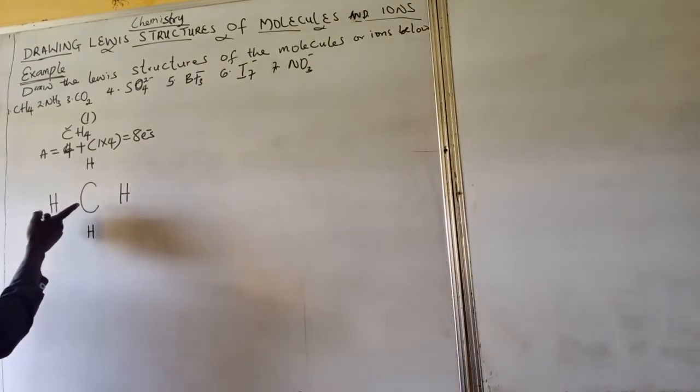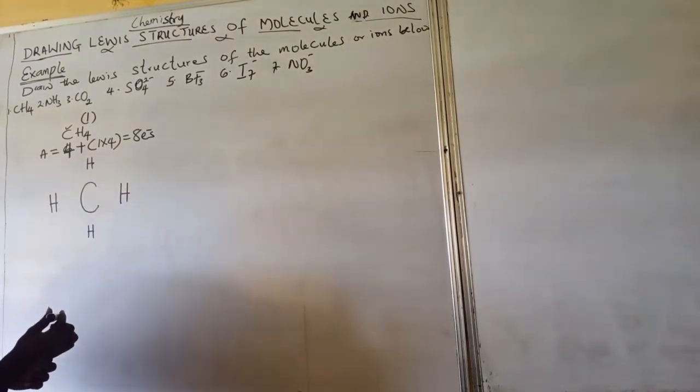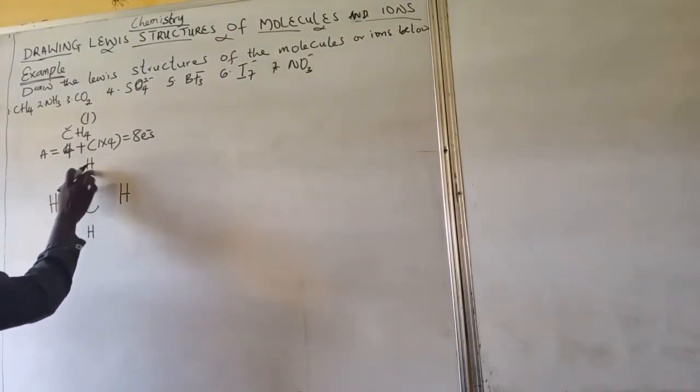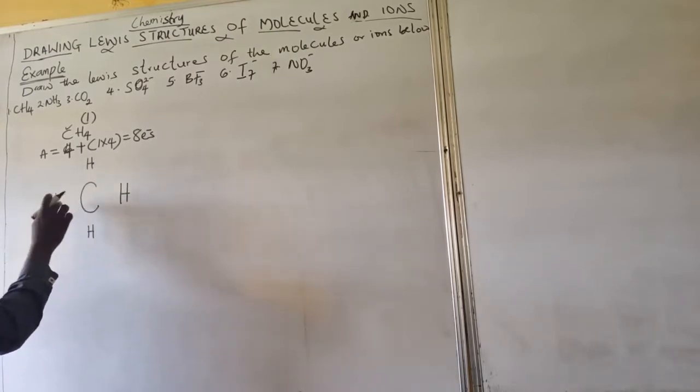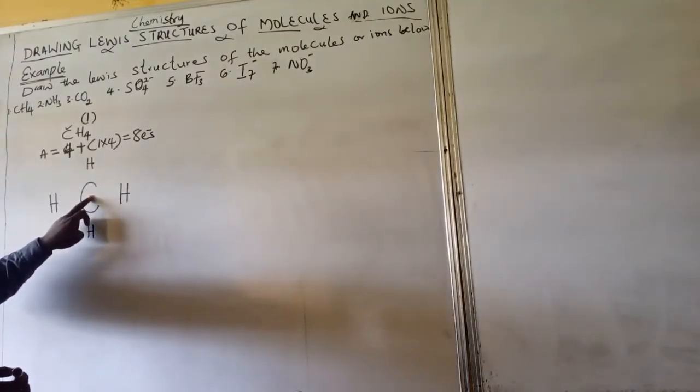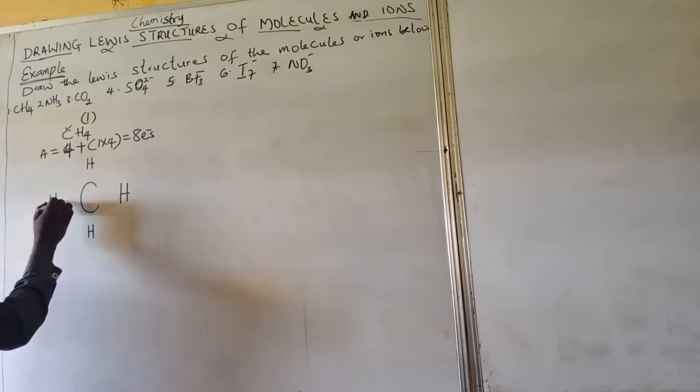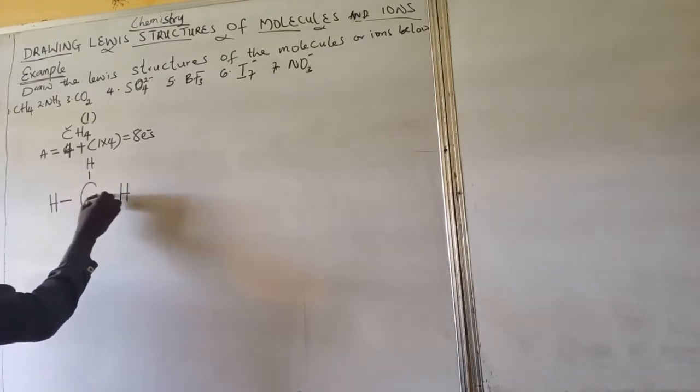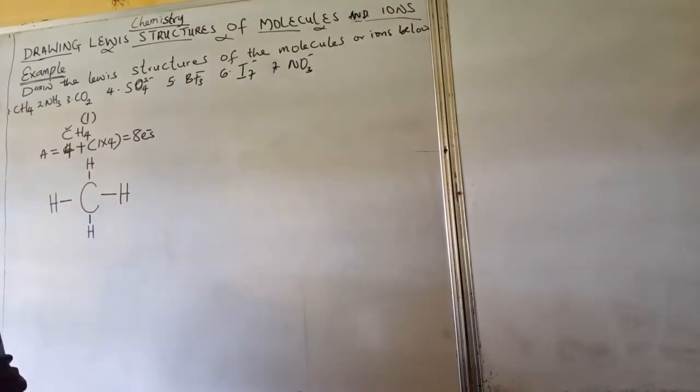Then the other atoms are connected with the central element, first of all, by a pair of electrons, as you can see.